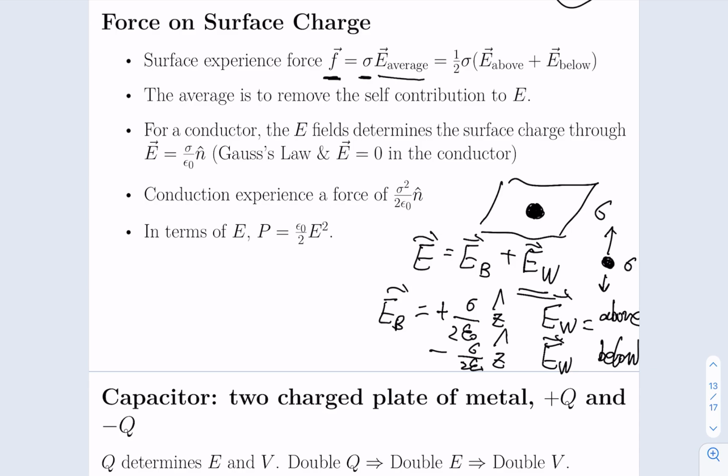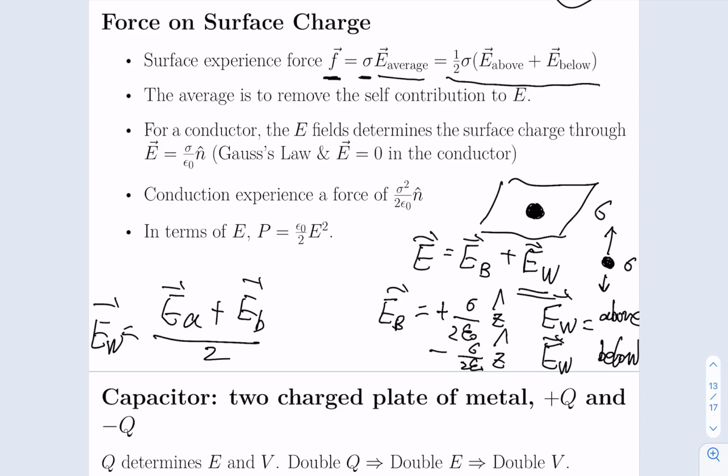So if we take an average of the E field above and the E field below, what you get is actually the E field from the white region, excluding the central patch. So this average is a smart way of excluding the self force.